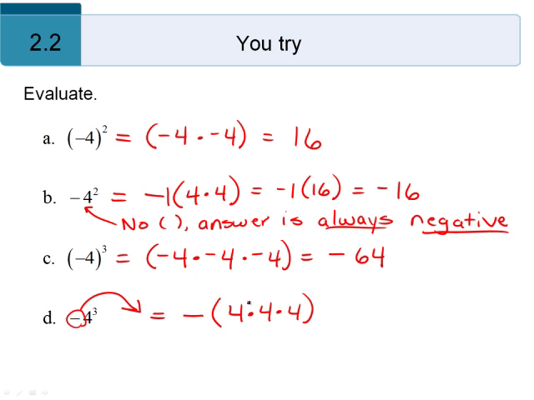Okay, so this is the long way. You can put that 1 there in front, and so you would have -1 times 64 would give you -64. Or, like I said back up there on B, if you look at B and D without the parentheses, you can just automatically put that negative sign in your answer, and it's always going to be a negative no matter what.